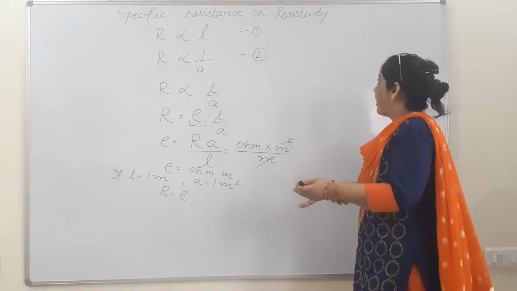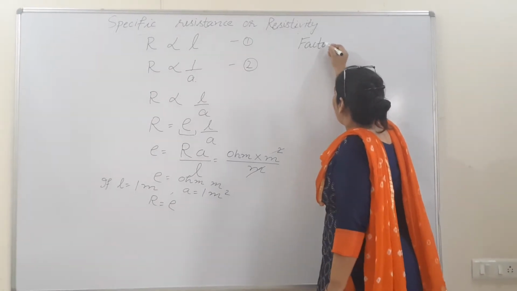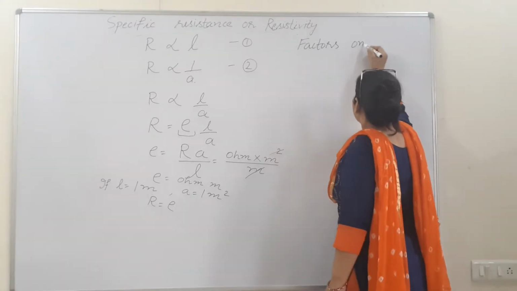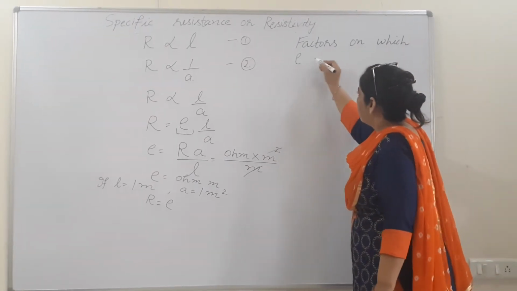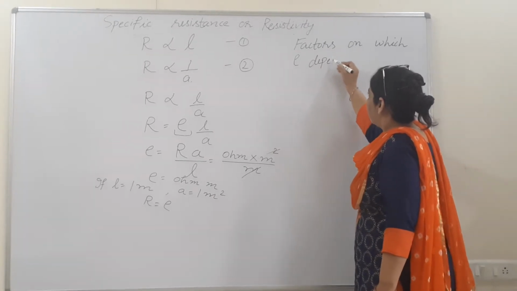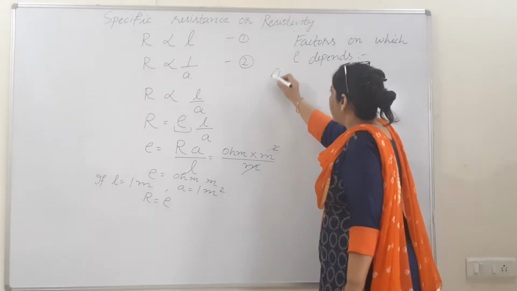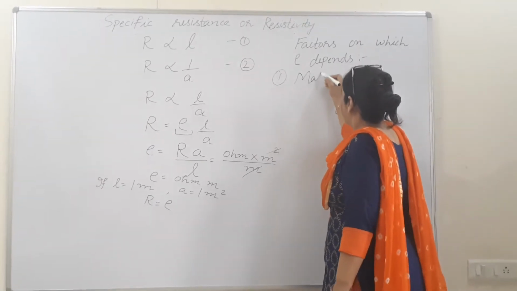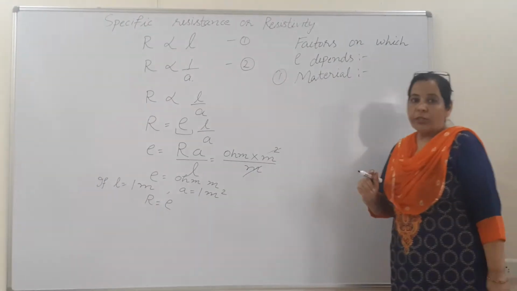Then beta, factors on which rho depends. First one is material. How does it depend upon the material?